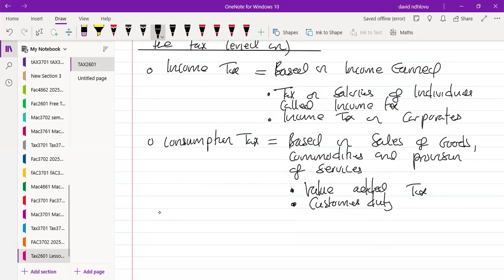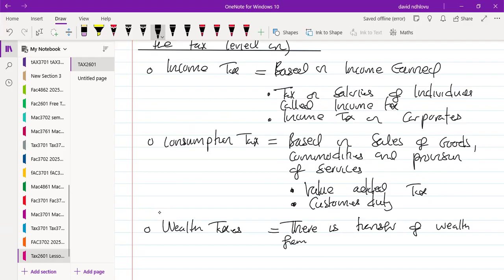Then there is another category that we call wealth taxes. These are levied whenever there is a transfer of wealth from one individual to the other. So whenever there is a transfer of wealth from one company to the other or individual to the other.